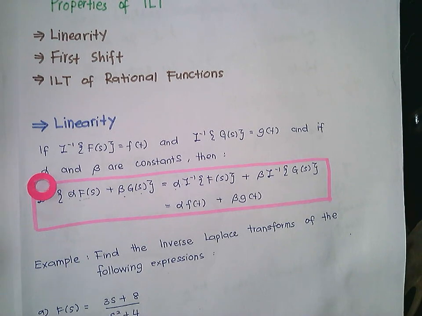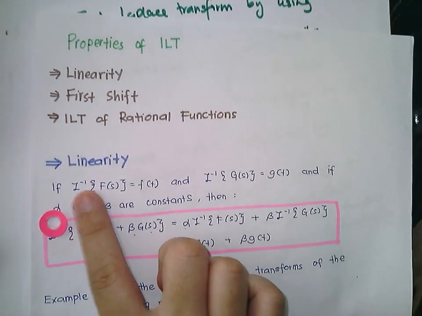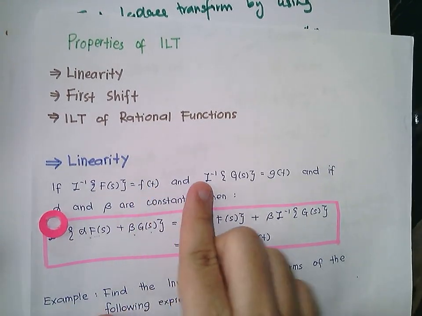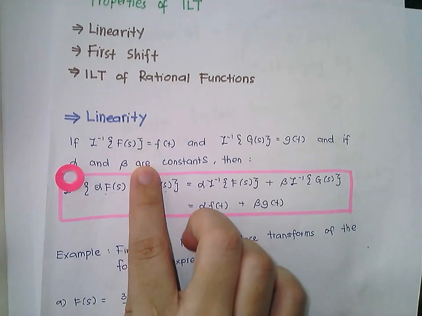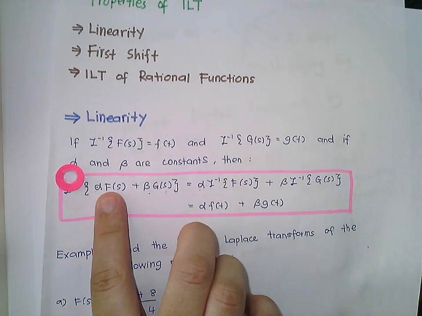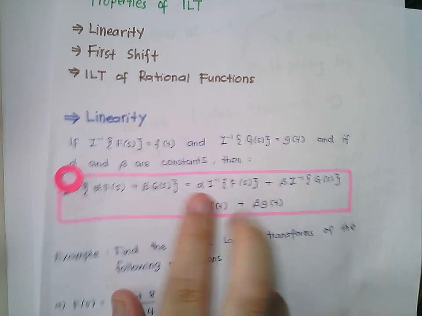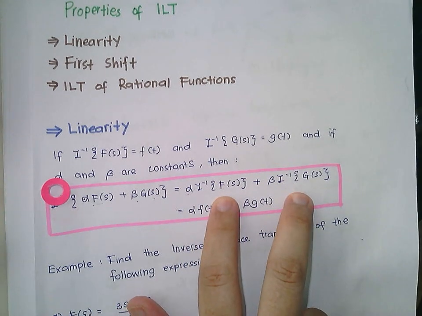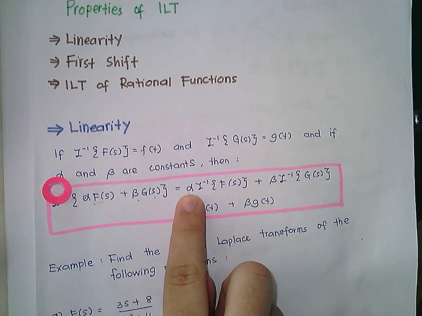We will apply the linearity property if you have addition or subtraction of functions. This theorem states that if the inverse Laplace of F(s) gives f(t), and the inverse of G(s) gives g(t), and you have constants alpha and beta and you are asked to find the inverse of alpha F(s) plus beta G(s), you need to split the function into two functions, the same as we did in the linearity property of Laplace transform, and factorize the constants.